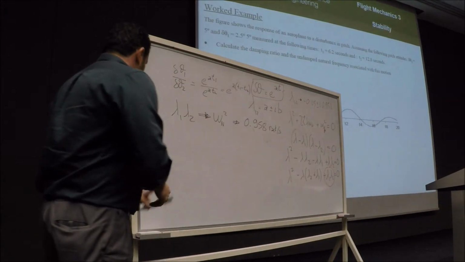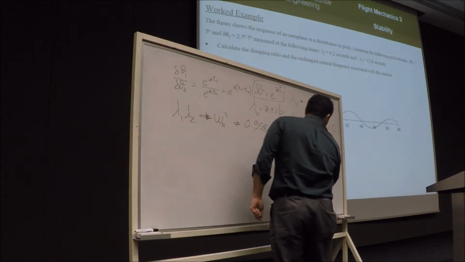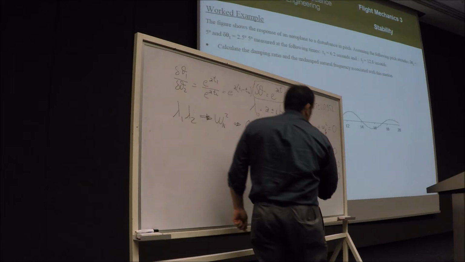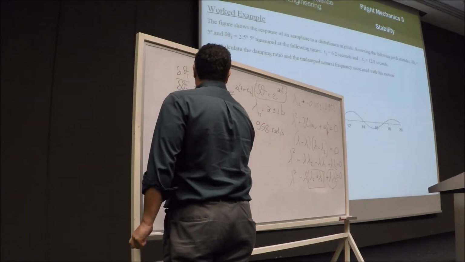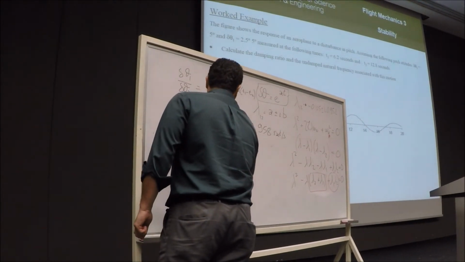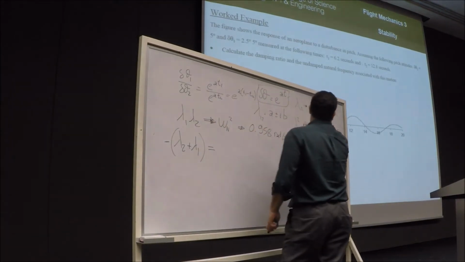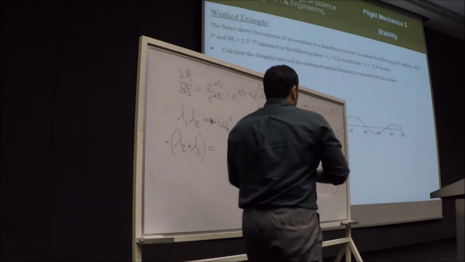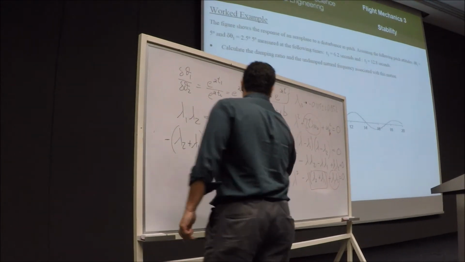And then we see that this term here, minus lambda 2 minus lambda 1, is equal to this term here, 2c omega n.